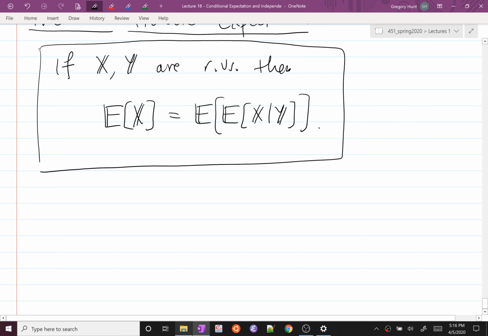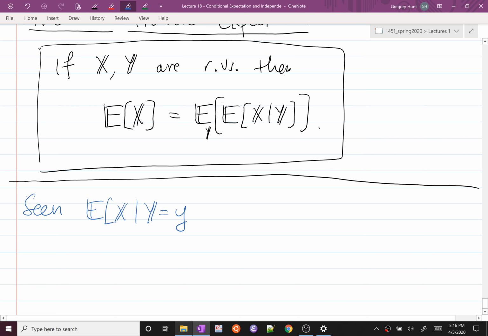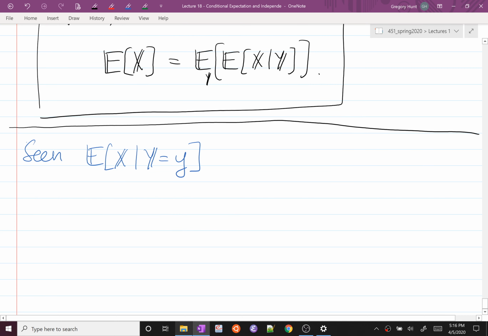So let's first talk about what the terms in this thing mean. First of all, we've seen the expected value of X given Y is little y. For each value little y, this produces a number. So we could think of it as some function g of y.